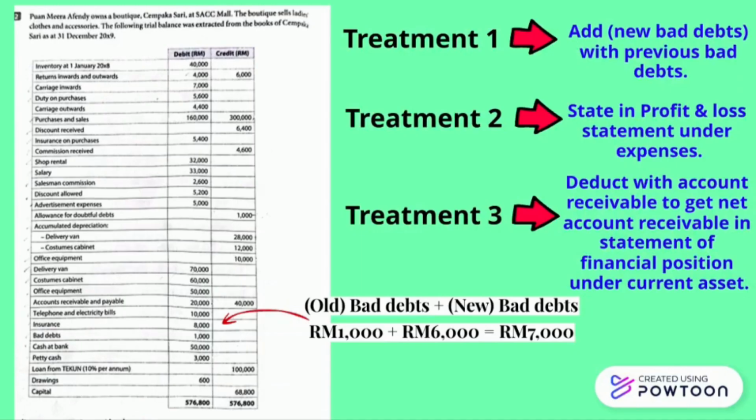For the third treatment, deduct with accounts receivable to get the net accounts receivable in the statement of financial position under current asset. Okay, for the next treatment, the amount of bad debt in the additional information needs to be deducted from accounts receivable to get the net accounts receivable in the statement of financial position under the current asset.